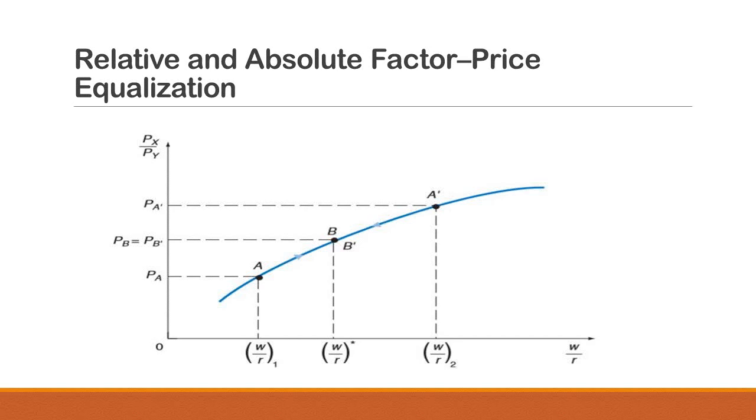When we assume that there is perfect competition in the factor market, both nations use the same technology and constant returns to scale, it follows that trade equalizes absolute returns to factors of production also.